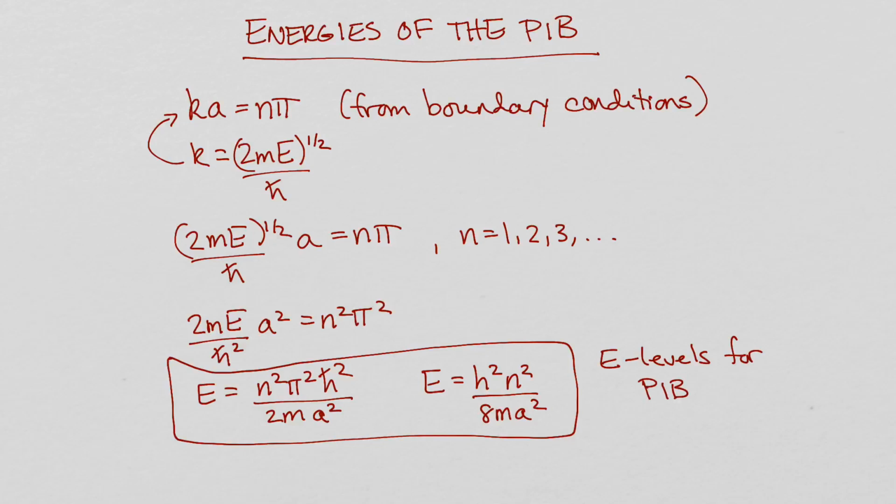One thing to note about our energy levels is that we have a bunch of constants here: Planck's constant, the mass of our particle, and a, which represents the length of our box. Then popping into our expression is that integer n, which tells us that our energy levels for a particle in a box are in fact quantized.